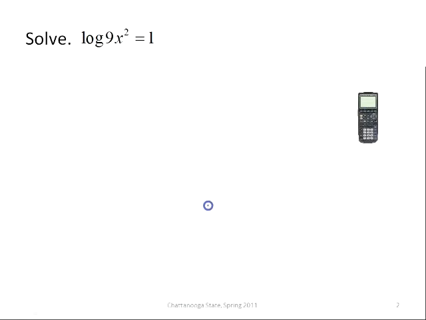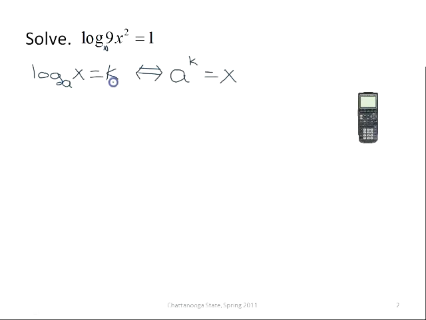Remember in the last video, I showed you how you can solve a logarithm equation by converting it to an exponential equation. So if we look at this, this is a common log. Common log means the base is understood to be a 10. To convert this to an exponential equation means that I use the formula log base a of x equals k is equivalent to a to the k power equals x.